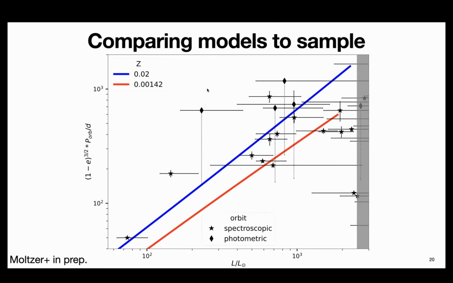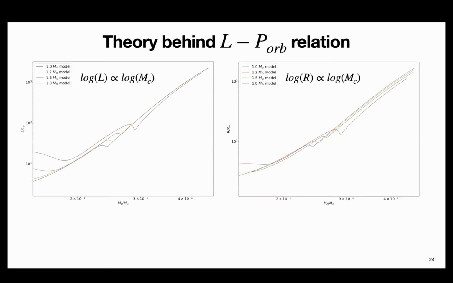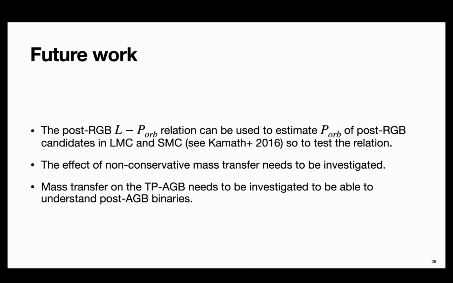So stable mass transfer is not an assumption here. It's a selection. I said conservative mass transfer. Conservative mass transfer, yes, that's a very good question. If I could just very quickly show my backup slide, that's one of the things that is listed on my future to-do list, looking into this non-conservativeness of the mass transfer.